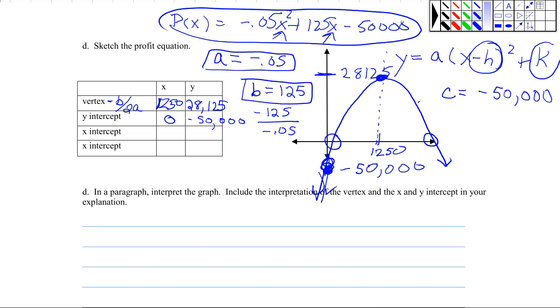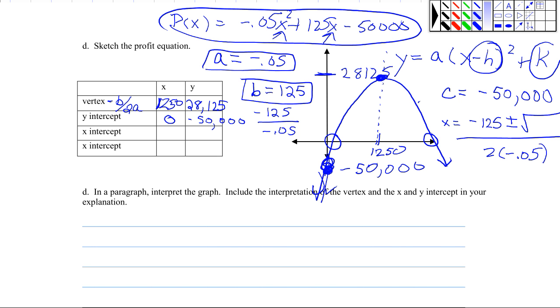We can put all of that into the quadratic formula, which is x is equal to negative b, negative 125, plus or minus the square root of b squared, 125 squared, minus 4 times negative 0.05 times c, negative 50,000, all over 2 times negative 0.05.